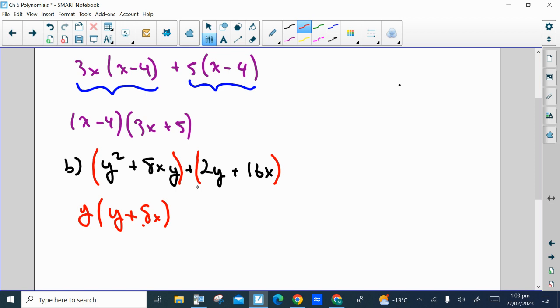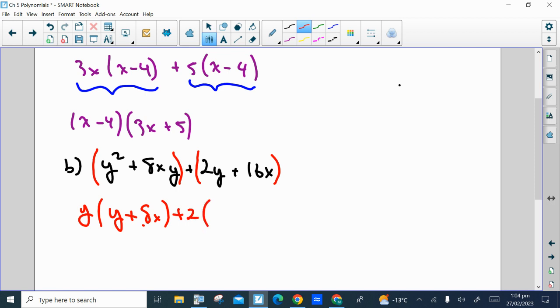So what's the biggest number that divides into both 2 and 16? Or what can you divide them both by is another way of looking at it. Just 2. The first term has a y, the second term has an x. They both don't have the same variable. So your common factor here is 2. Now, it is a positive 2. So I'm going to put a plus 2 there.